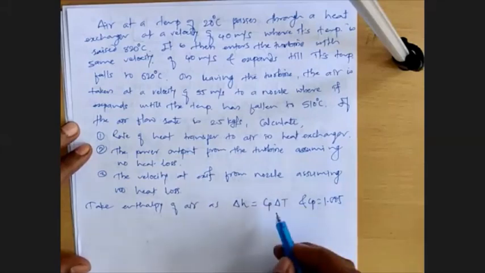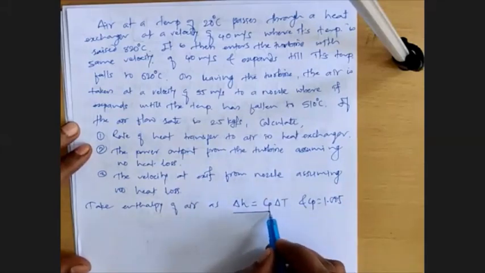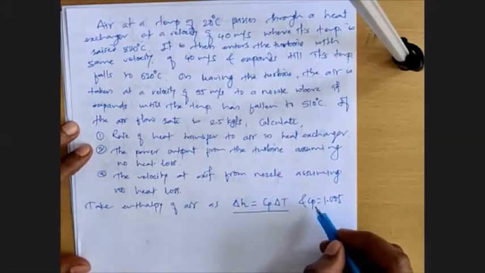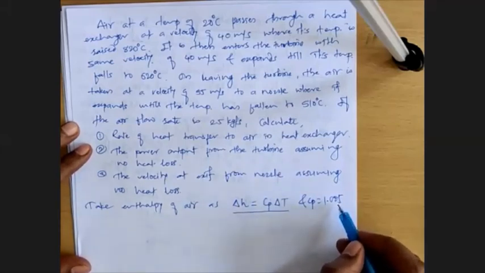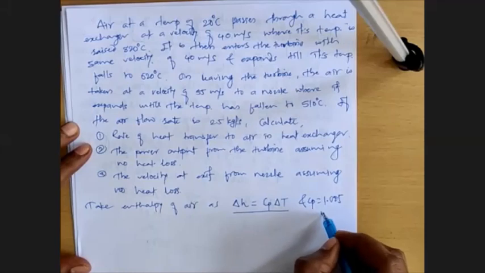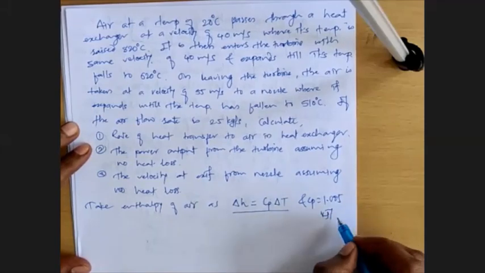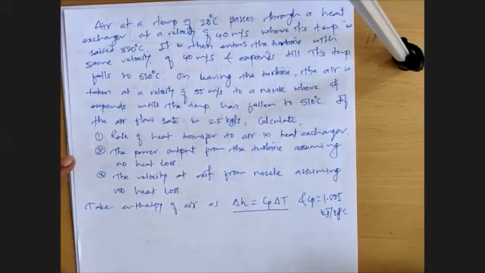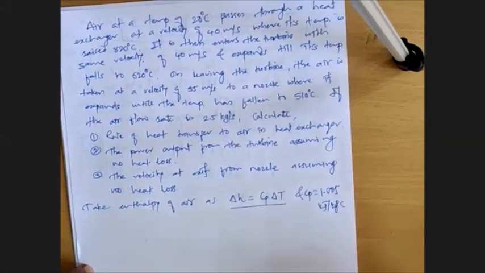They have given the relation for delta H. Delta H is equal to Cp into delta T, and the value of Cp is also given. Cp is equal to 1.005 kilojoules per kg per degree Celsius.